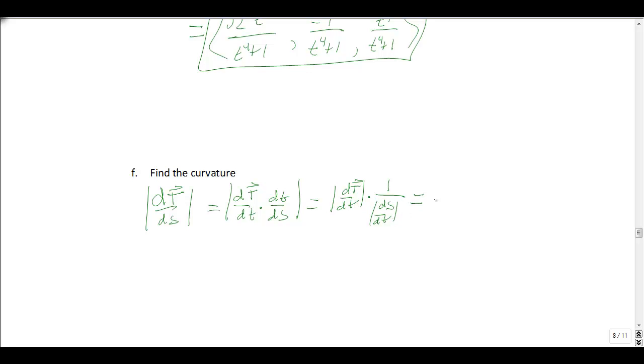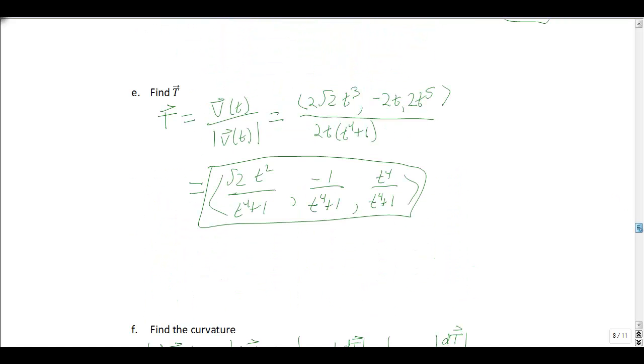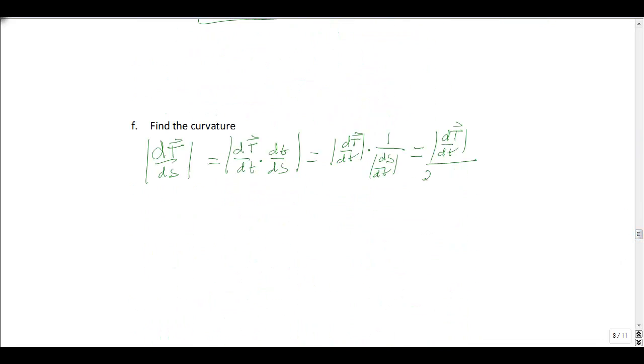And so what we're going to get here is a magnitude of dT/dt divided by our speed. So our speed again was 2t times the square root of t to the 4th plus 1. So that's our setup here.